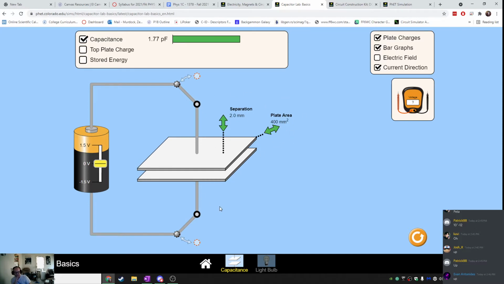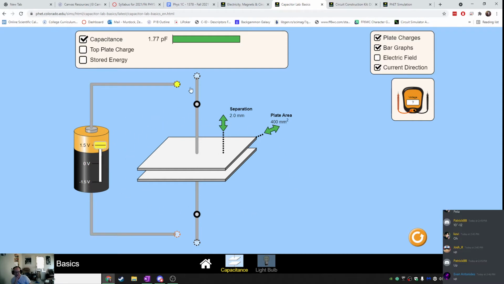Now currently, the capacitor is uncharged, indicated by the fact that both plates are white, and if you look over here at the battery, this battery has the ability to change its voltage, and in this case, the voltage on the battery is 0. If I raise the voltage of the battery to 1.5 without actually connecting the capacitor, this is still a capacitor here, even though it's not connected up.